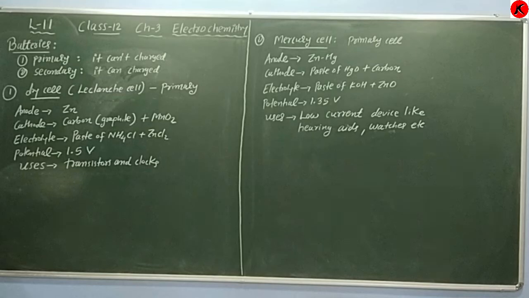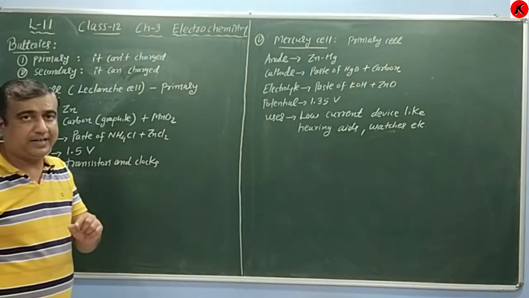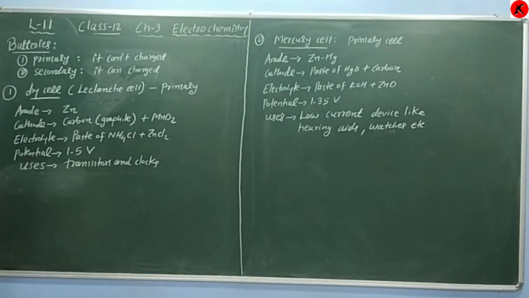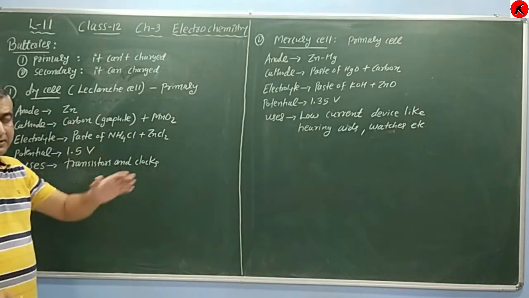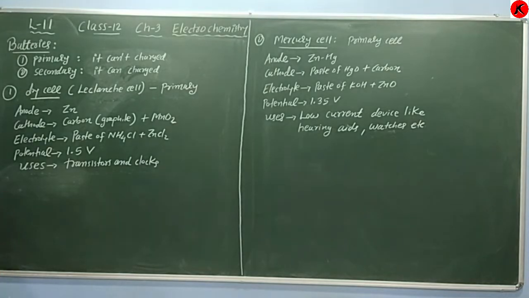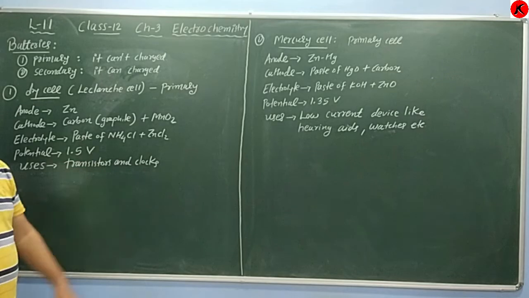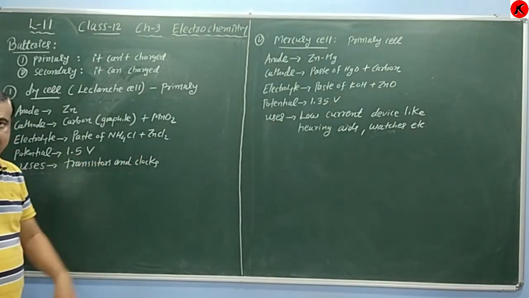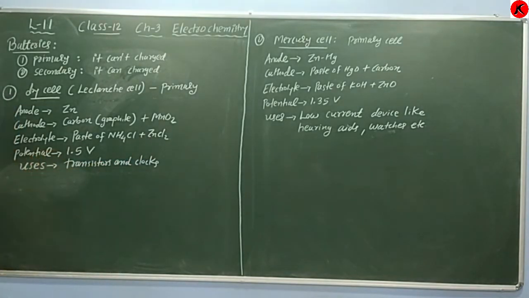In a dry cell, a zinc container acts as the anode. The cathode is carbon, that means graphite with MnO2 surrounded with carbon. The electrolyte is a paste of ammonium chloride and ZnCl2. The potential of this cell is 1.5 volt. It can be used in transistors, clocks and many small apparatus.